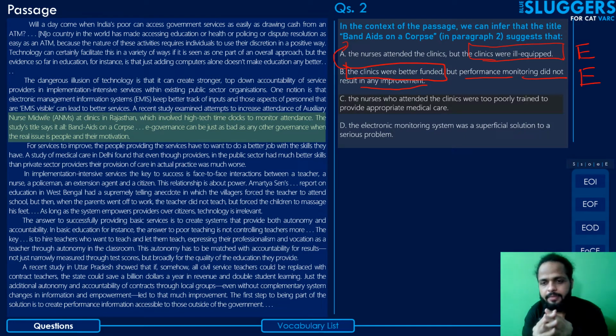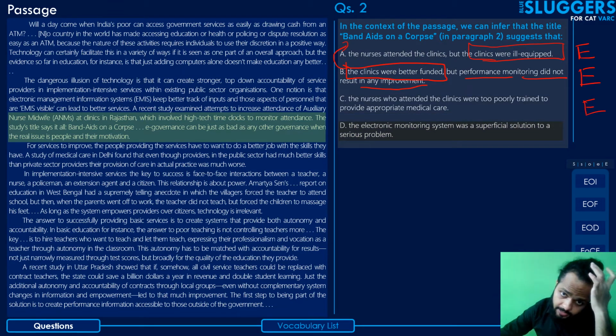The main problem is the motivation when it comes to the ground level service providers, right? It's not training, and this option focuses on training. This option says that the main problem was training, and this was just monitoring, and hence it did not help. No, that's a distortion here. So you'll eliminate this with a capital E again.